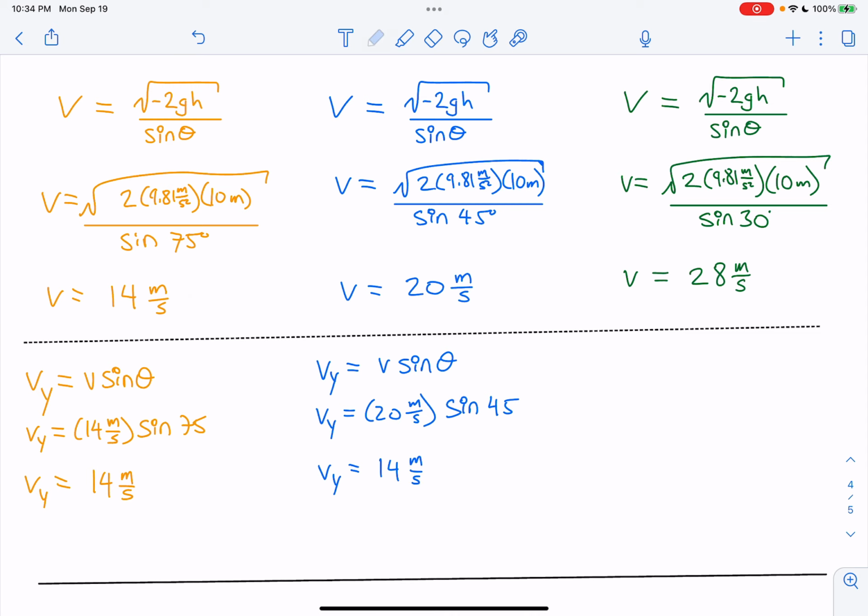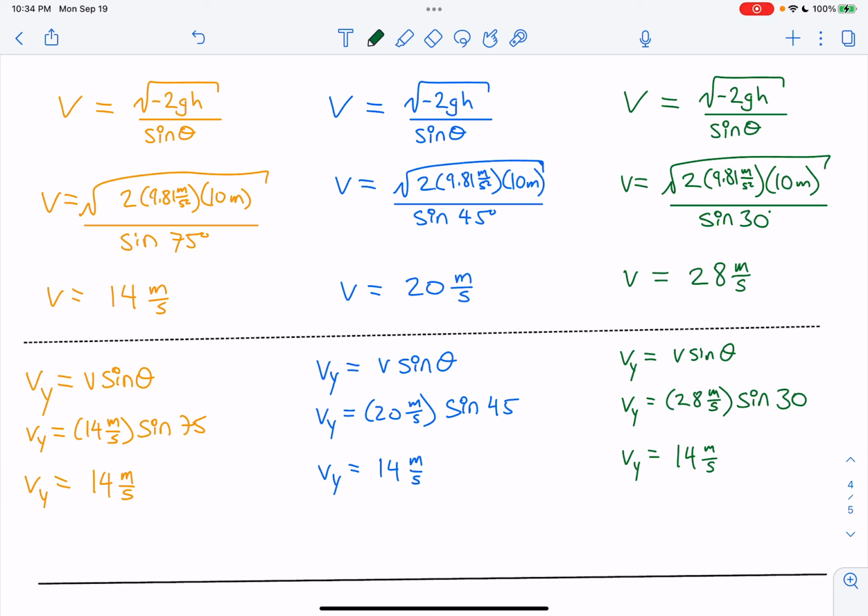Well, what about a third case here? Let's do this one more time. Your Vy, V sine theta, is equal to 28 meters per second times sine 30. Our Vy is equal to 14 meters per second.